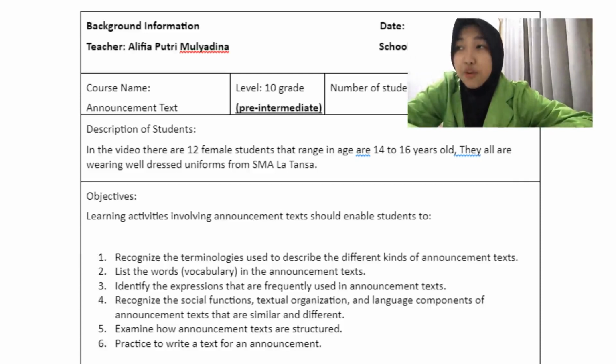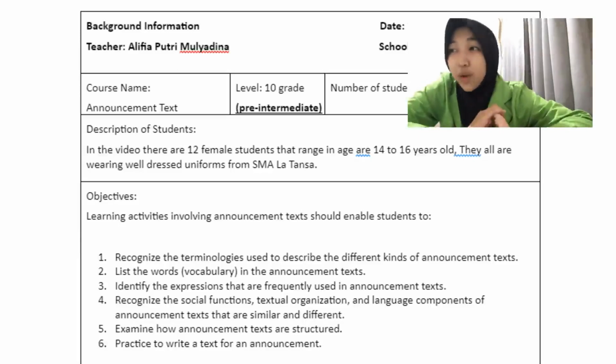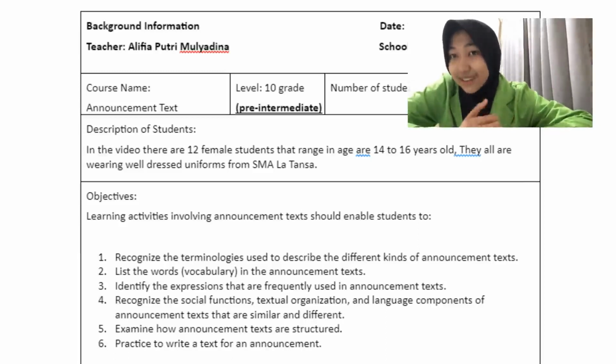And 4, recognize the social function, textual organization, and language components of announcement text that are similar or different. And then 5th, examine how announcement texts are structured. And the last but not least is practice writing an announcement text.